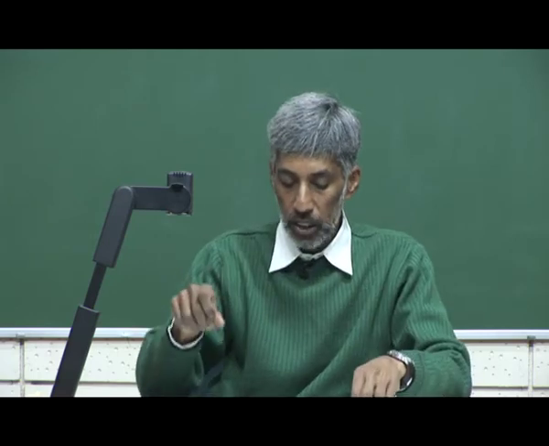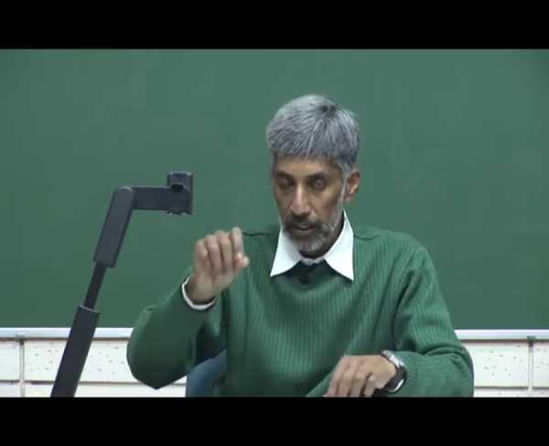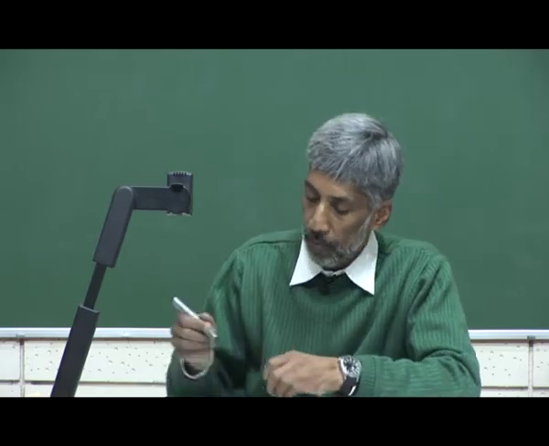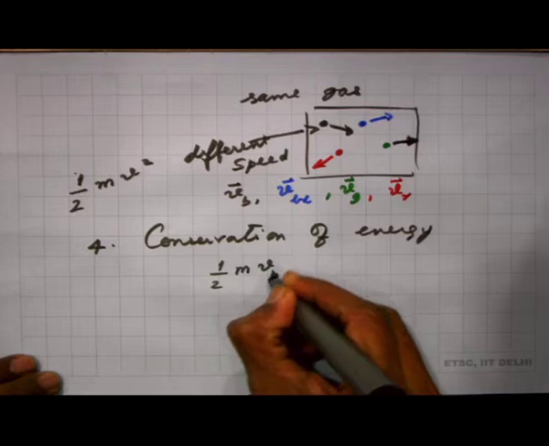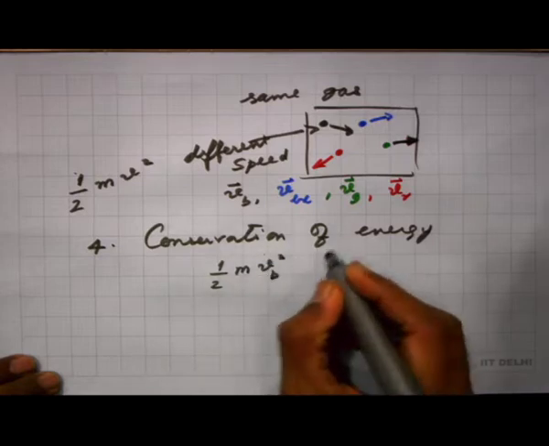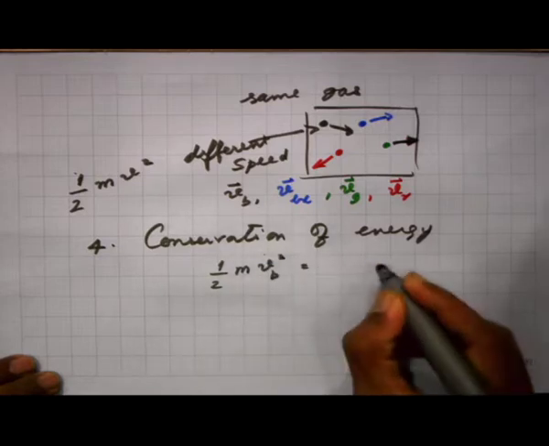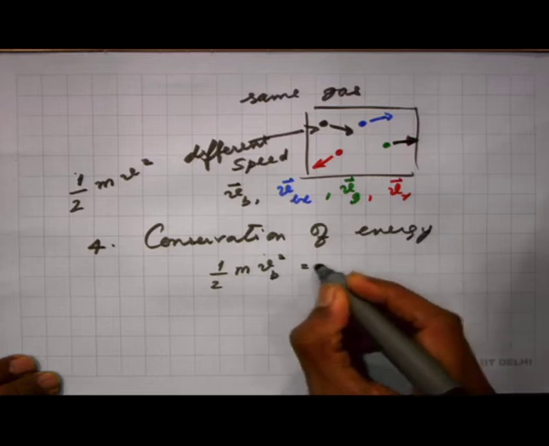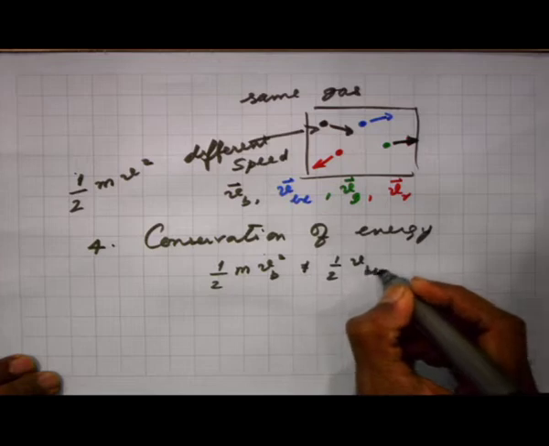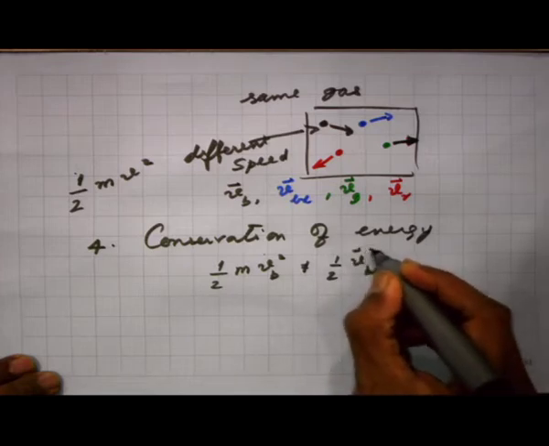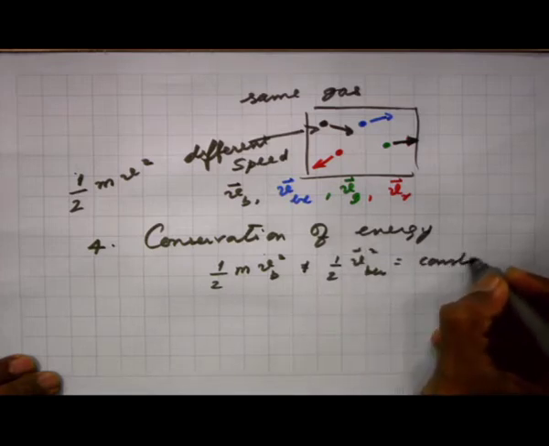So, there is energy conservation, which means that half m Vb square plus half m V blue square equals constant.